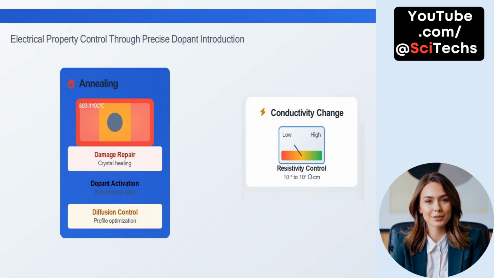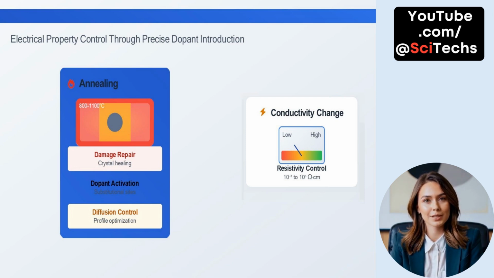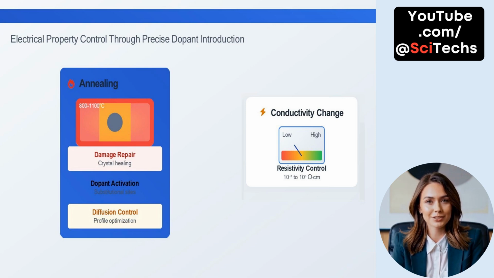Annealing and conductivity control. Annealing is a critical thermal process applied after ion implantation to restore and optimize the electrical and structural properties of the semiconductor material. Typically performed at high temperatures, ranging from 800 to 1100 degrees Celsius, annealing serves three essential purposes.